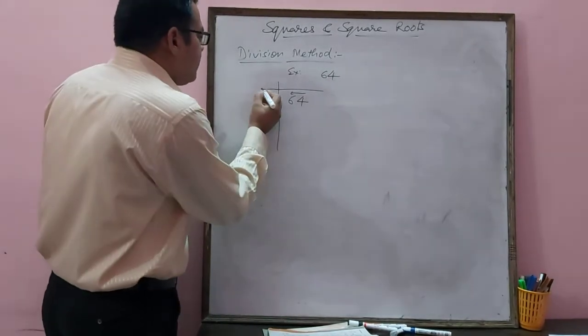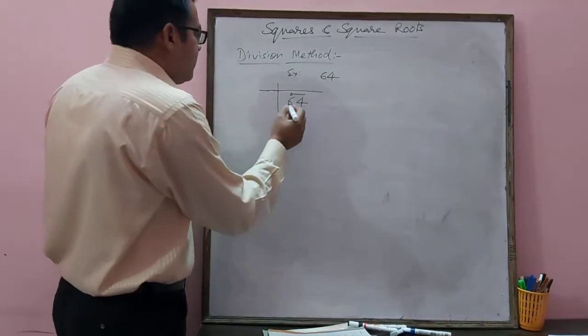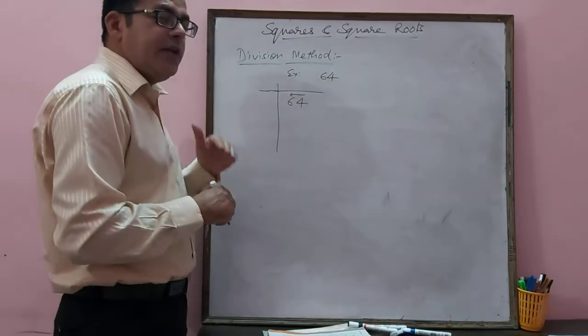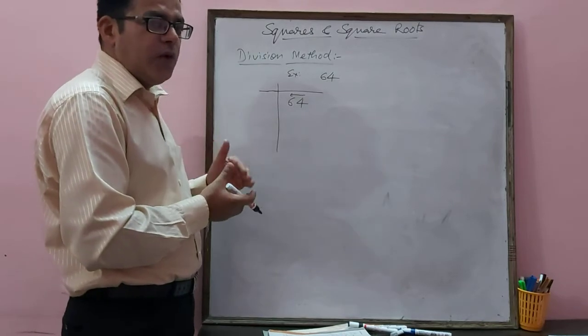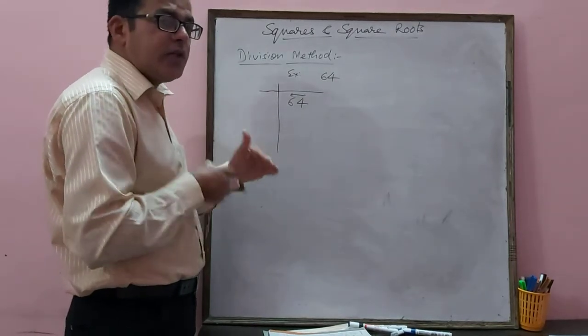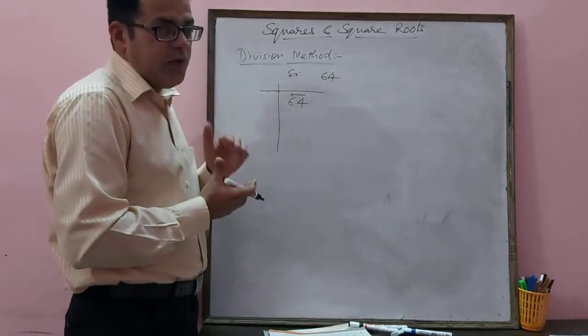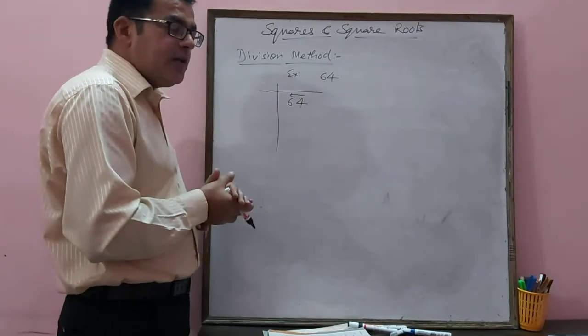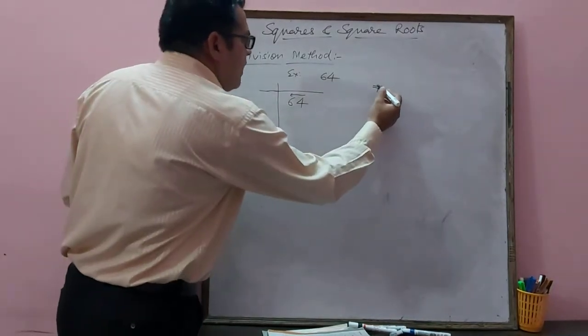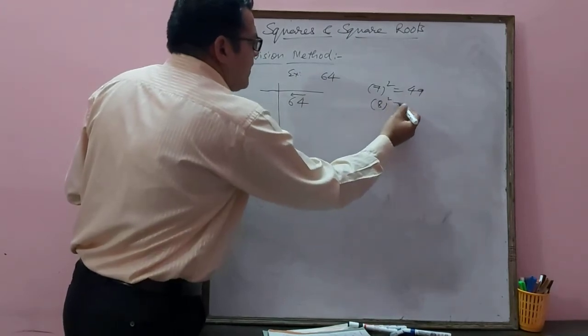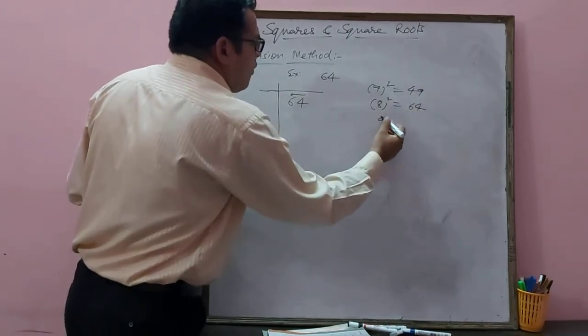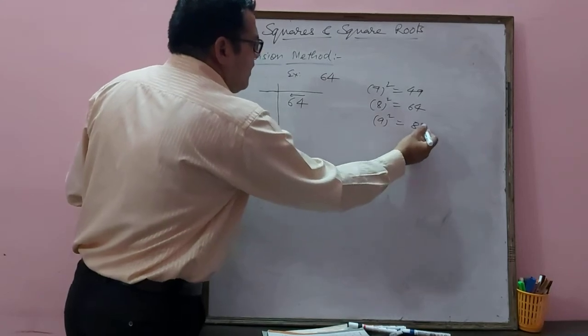Now the second thing is that you have to find the nearest square of this 64. Whose square is just near to 64? You need to find it. We know that the square of 7 is 49, the square of 8 is 64, the square of 9 is 81.